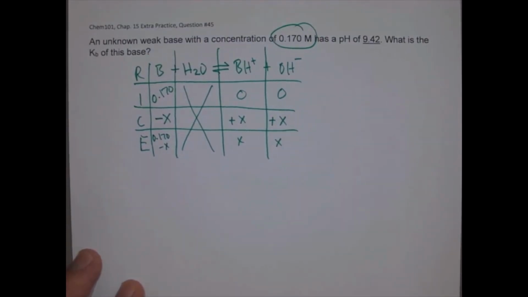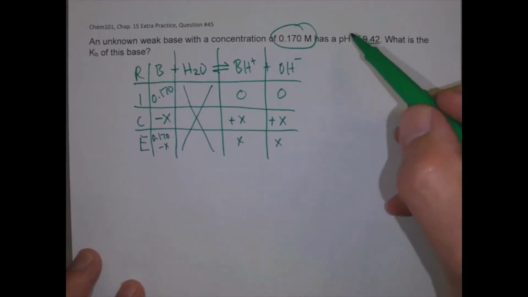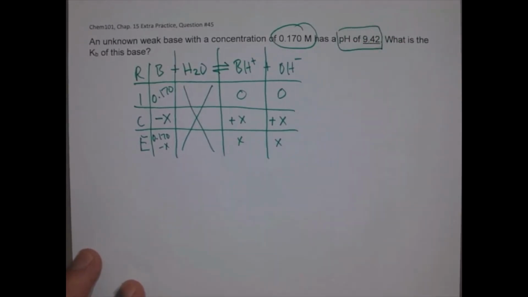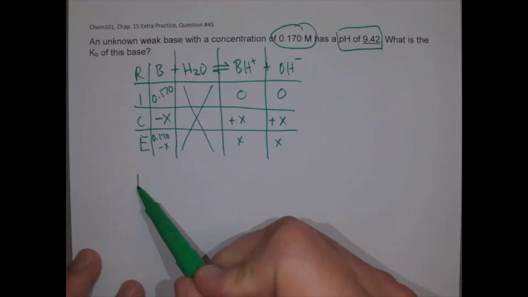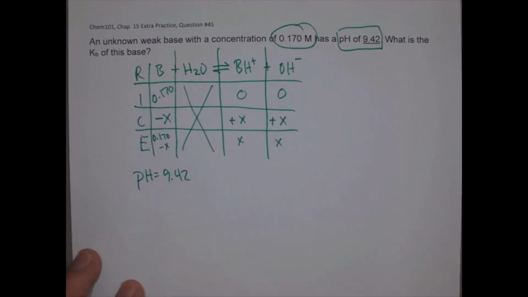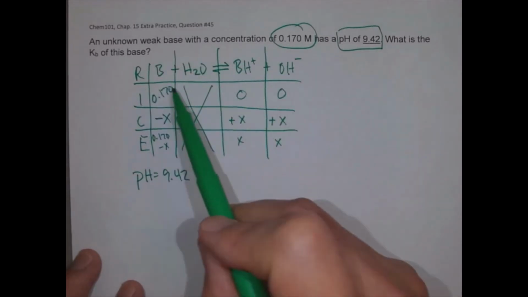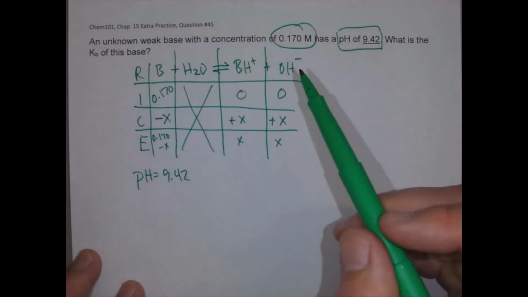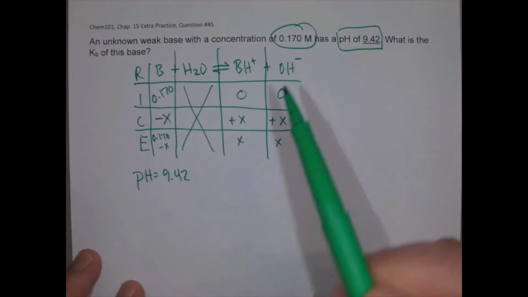Okay. Now, the other important piece of information I have is the fact that the pH is equal to 9.42. All right, so if the pH is equal to 9.42, and we know that the pH is related to the hydronium ion concentration, but I don't have hydronium ions in this chemical reaction. I have hydroxide ions.